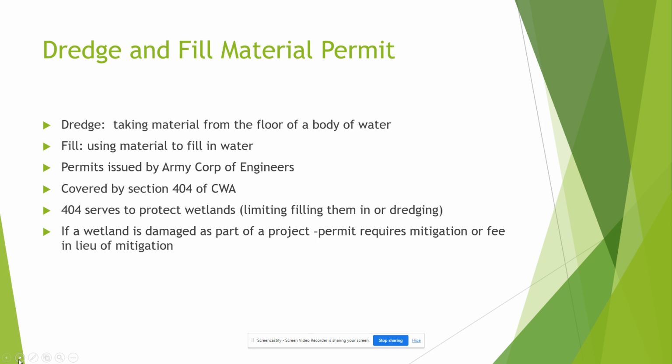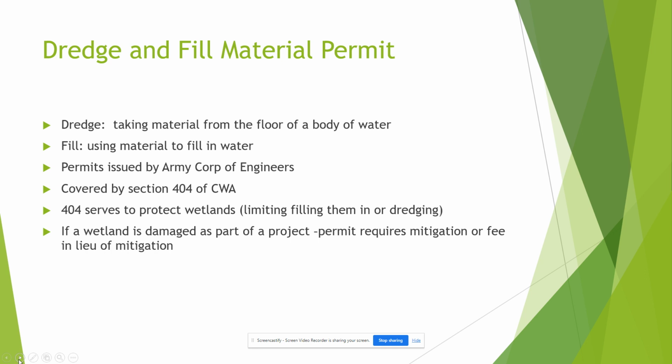Back to that Rapanos case, right? I have a swampy area and I just want to put a bunch of soil on it so that I can farm it, or do something else with it. That is filling or dredging. So we're trying to limit or control it, and see if it's done properly. That is Section 404 of the Clean Water Act.